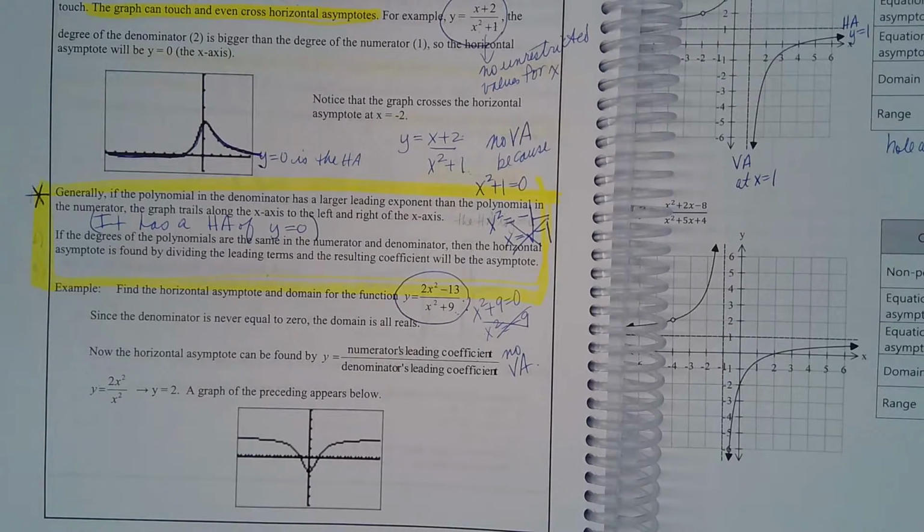So basically it's this. If you have a rational function, if the higher power is on the bottom, in the denominator, the horizontal asymptote is y equals 0.